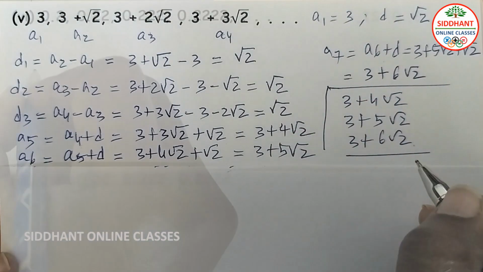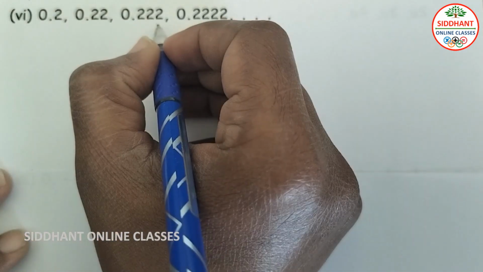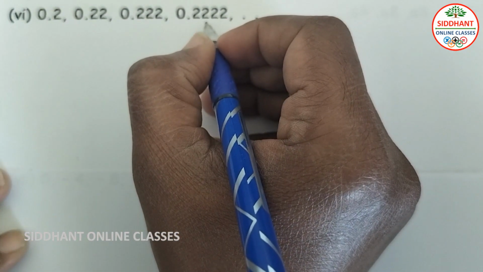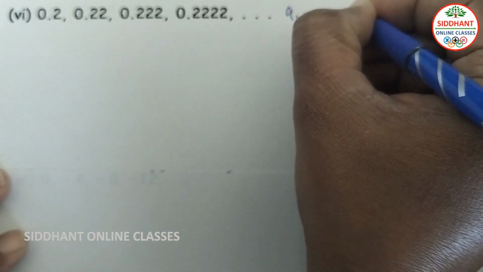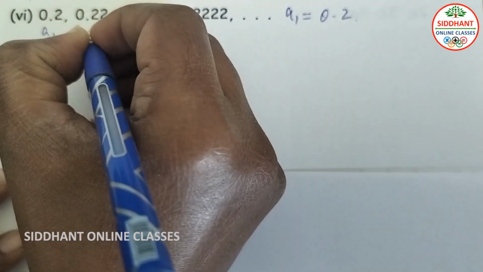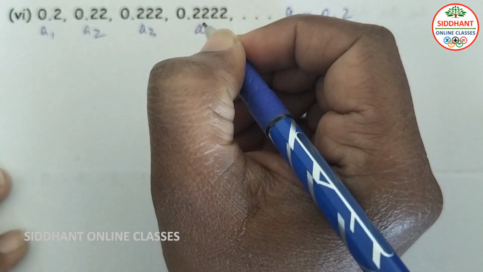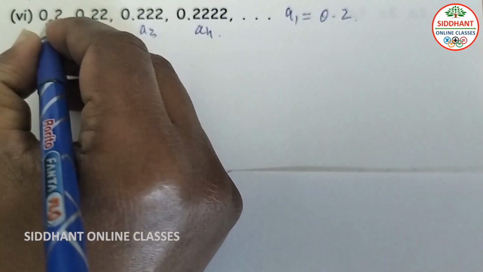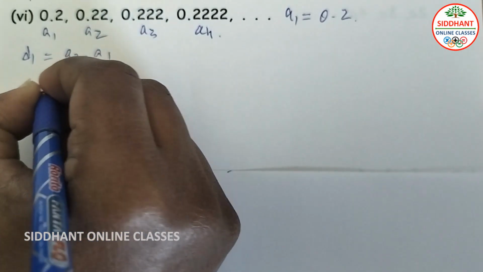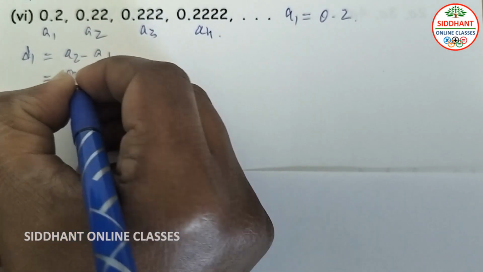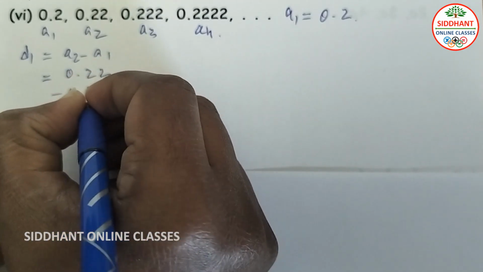Sixth one, 0.2, 0.22, 0.222 and 0.2222. So here a1 is equal to 0.2. So let it be a1, a2, a3 and a4 here. So now d1, when you are going to see, is a2 minus a1, so that equals 0.22 minus 0.2.